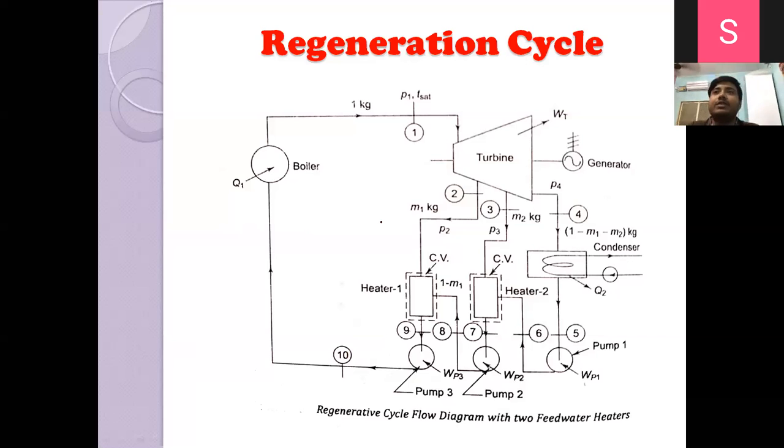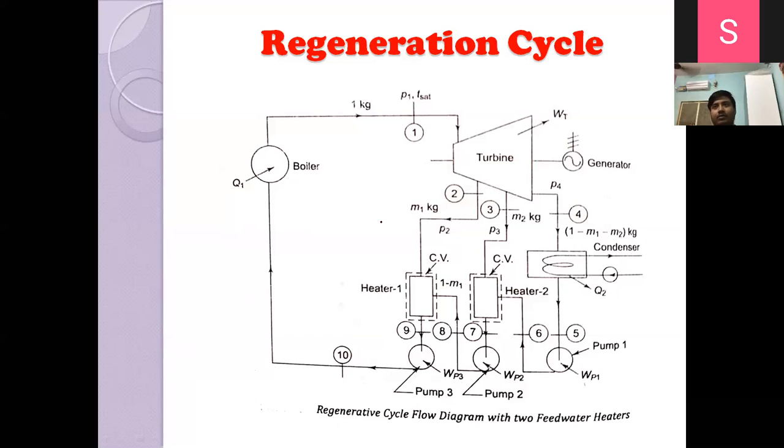Okay, this image. So regeneration में क्या होता है? Regeneration में होता है because we have to increase the mean temperature of heat addition, because we know that there is a direct relation of temperature of heat addition to the efficiency. मतलब अगर mean temperature of heat addition increase होता है तो साइकिल का efficiency increase होता है.